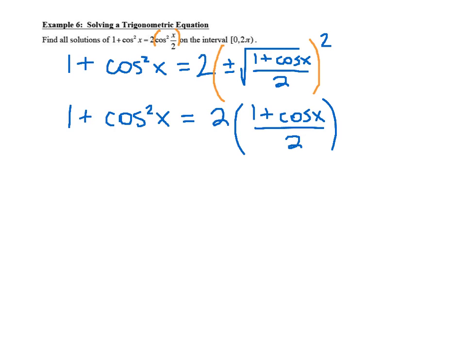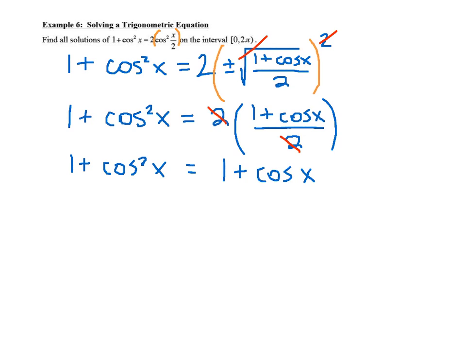Remember, the square is gone, and so is the square root. So the square root cancels with the square. Let's simplify a little bit further. We have 1 plus cosine squared x, and on the right, the 2's cancel, so we end up with just equals 1 plus cosine of x.